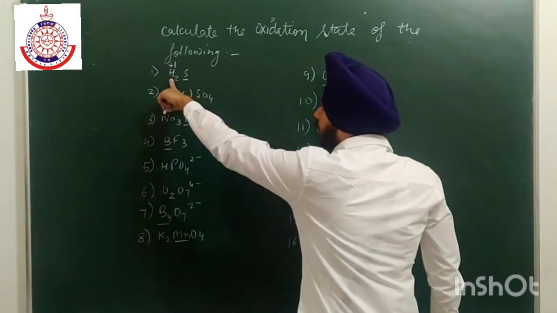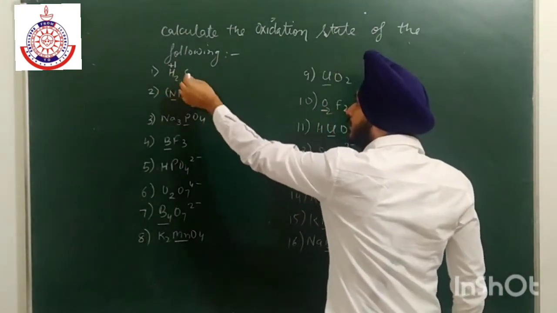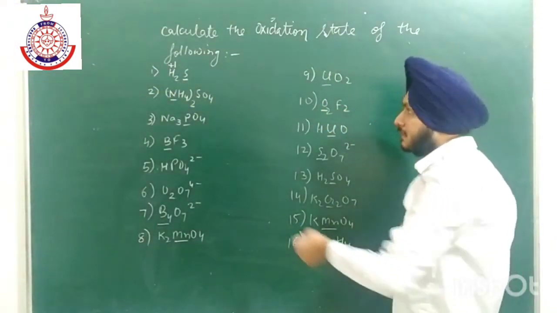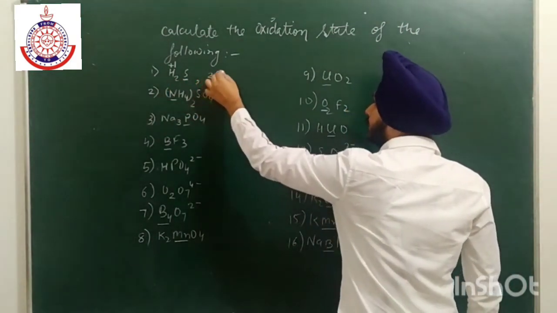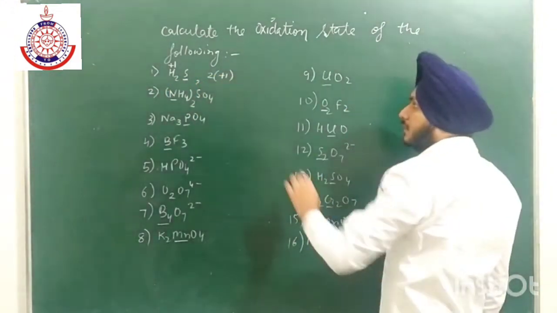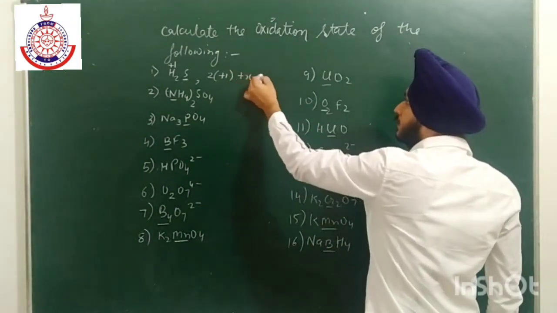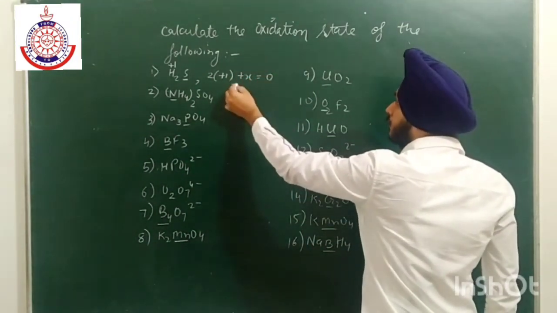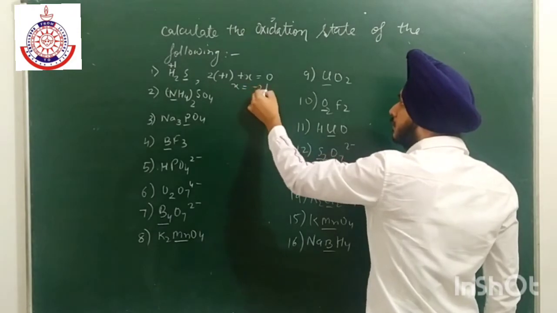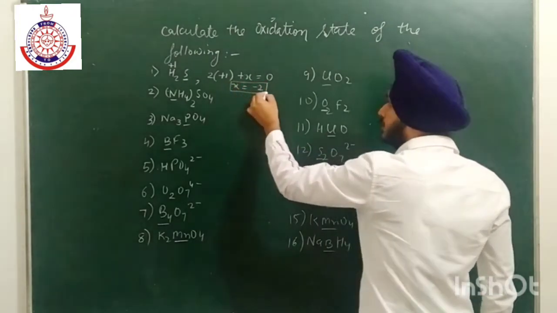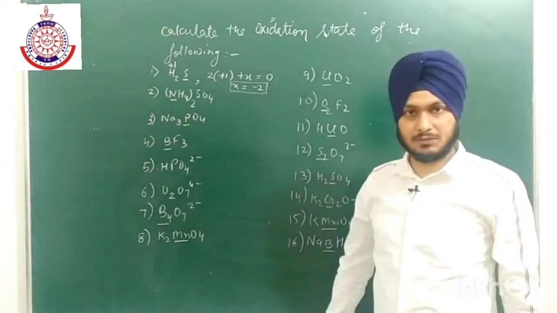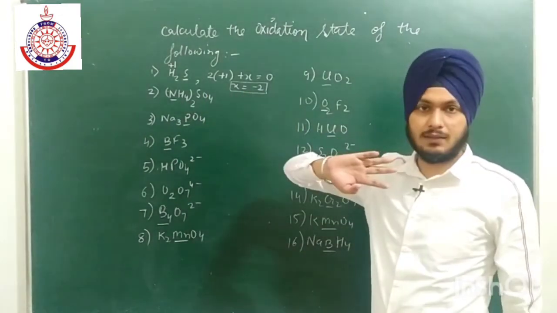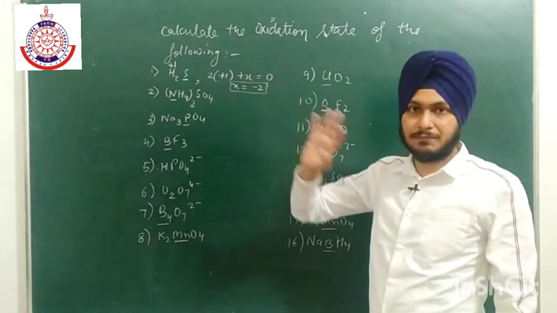Take the oxidation number of sulfur as X. The oxidation number of hydrogen is +1 and there are two hydrogen atoms, so 2 into +1 plus X is equal to 0. The value of X comes out to be -2. So the oxidation number of sulfur is -2, as simple as that.